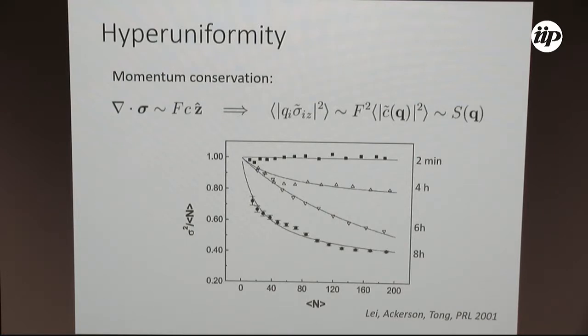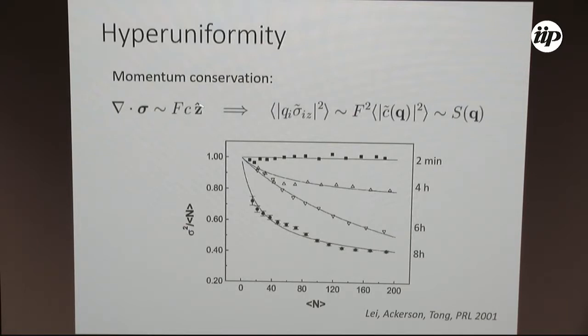Again, you can understand it based on conservation, in this case conservation of momentum, because if I have this suspension with concentration C, then I have a density of force monopoles. Each particle has an mg acting on it, so it's like a charge monopole, but here it's a force monopole. It's slightly more complicated because it's tensorial, vectorial, but apart from that, it's the same.